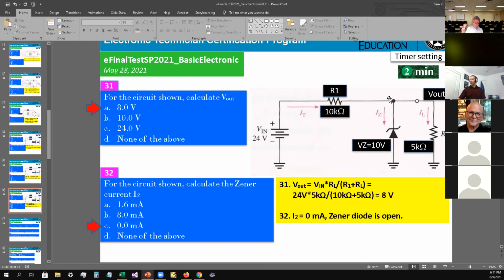So IZ would be 0, because once this is open, there's no current traveling through it. All right, so the answer is C as in cat for 32.